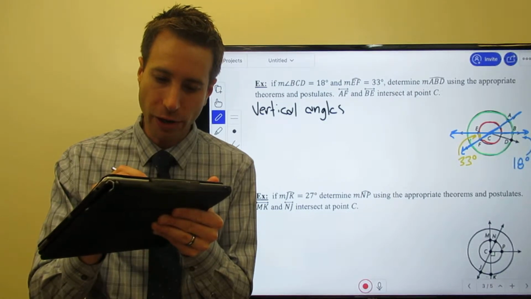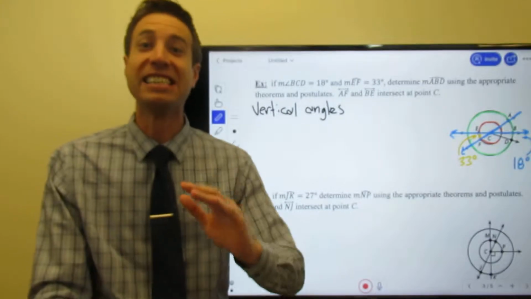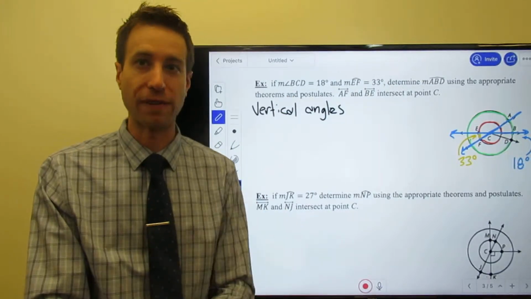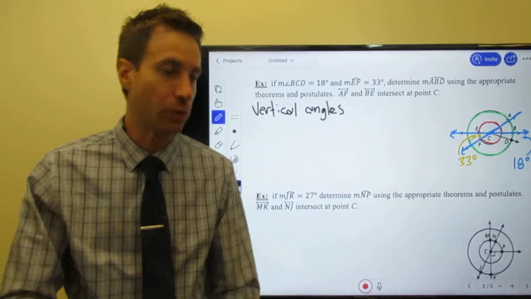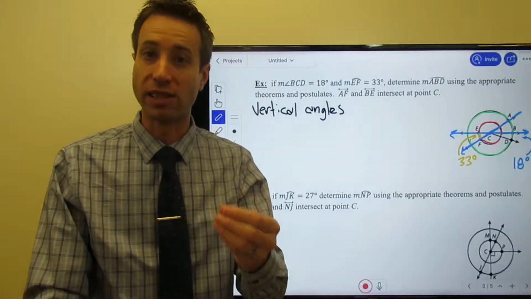We learned about vertical angles back in chapter 4. They have shown up in every single chapter since then. Here we are in chapter 15, and vertical angles are a really important idea. And here they are once again.